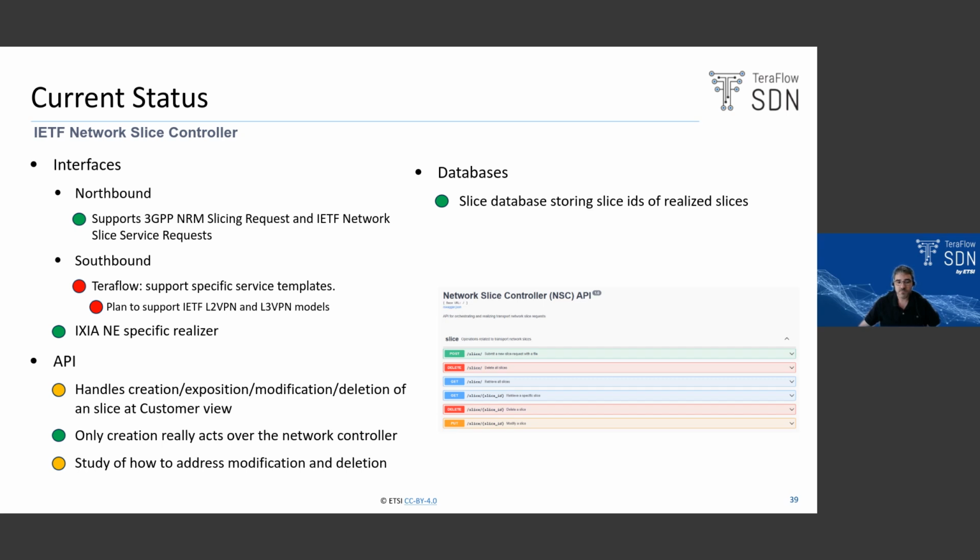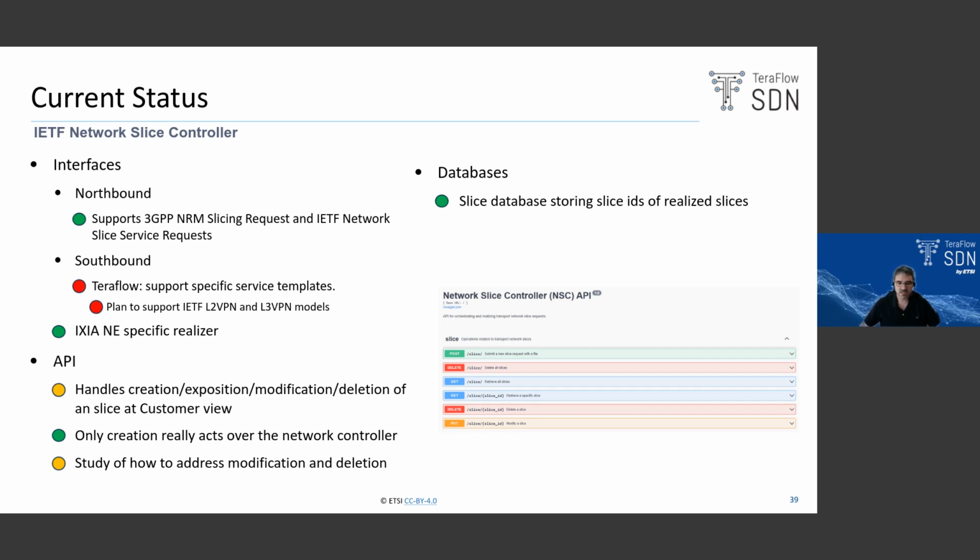And in terms of the APIs, we are working on implementing the typical CRUD methods for slices: create, read, update, and delete. Some of them are really mature, especially creation, but others need to be studied properly, like modification and delete, especially modification, because when you want to modify resources or connectivity elements in the network, it's tricky.